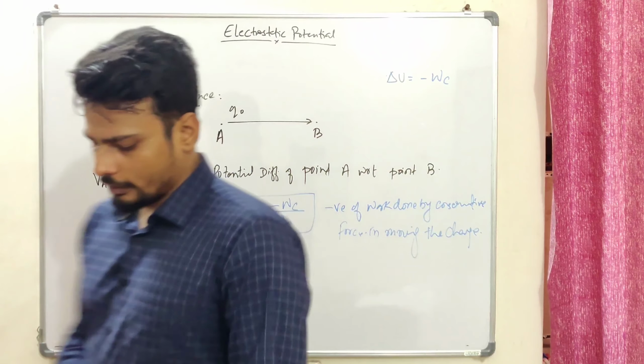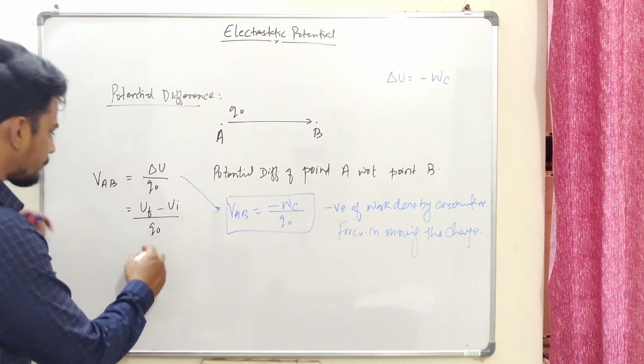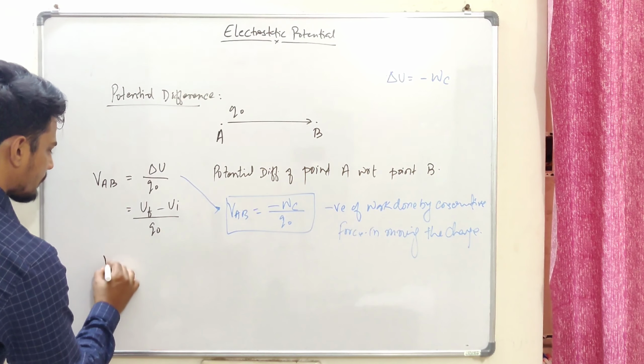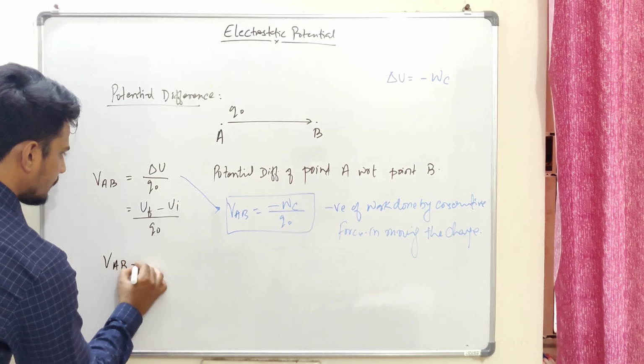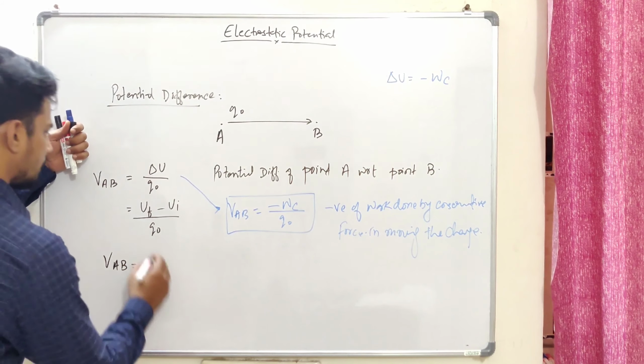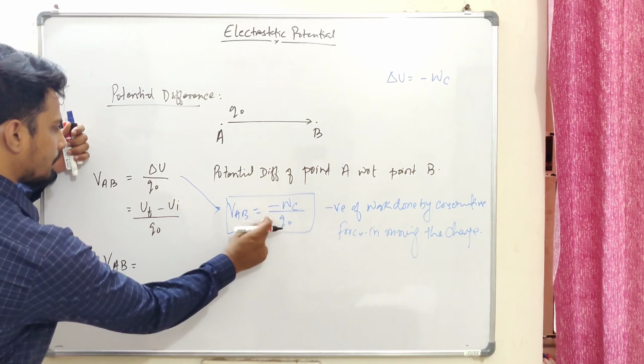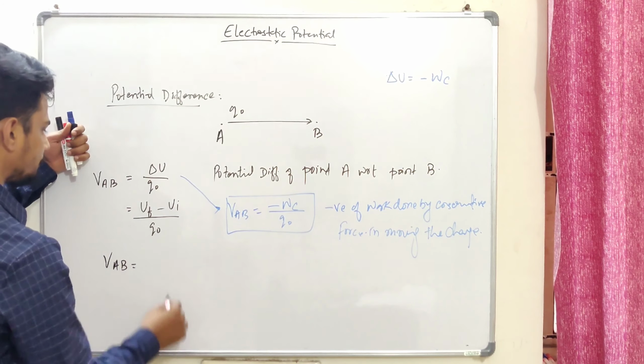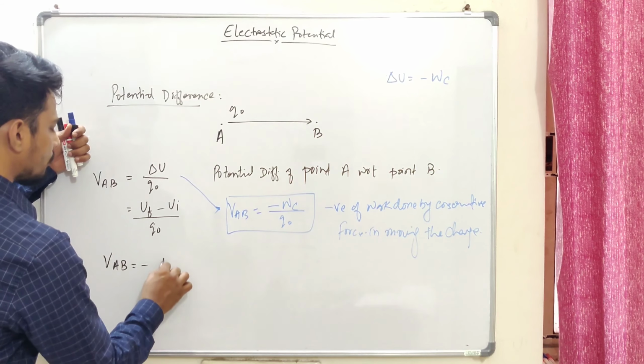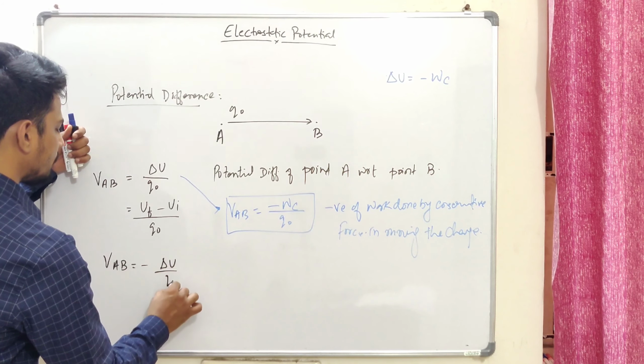Okay guys, using these two things, let me just continue from here. Can I just write VAB is nothing but, if I look at this part and this part over here, minus of WC, can I just write minus of delta U by Q naught?